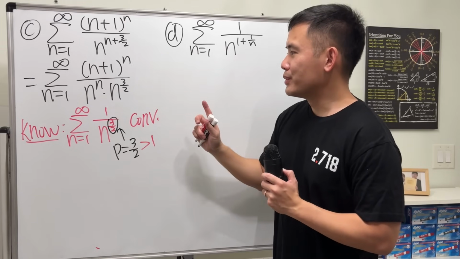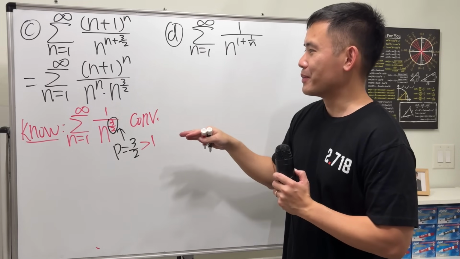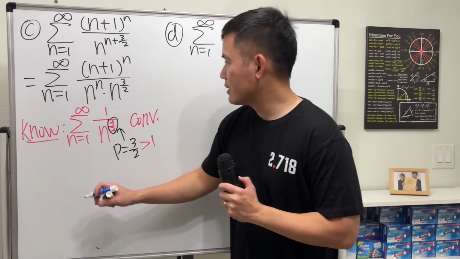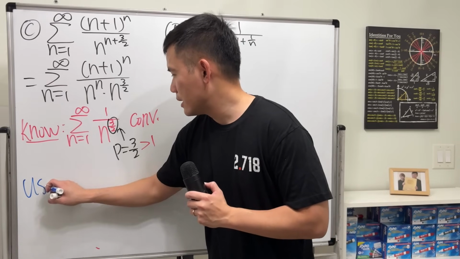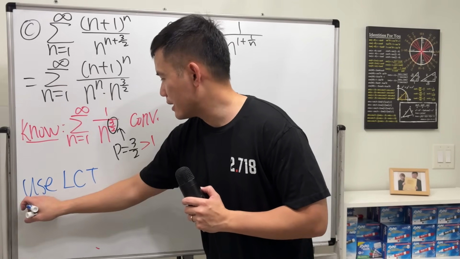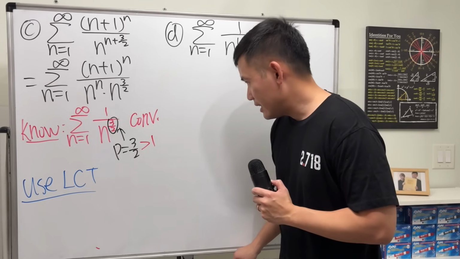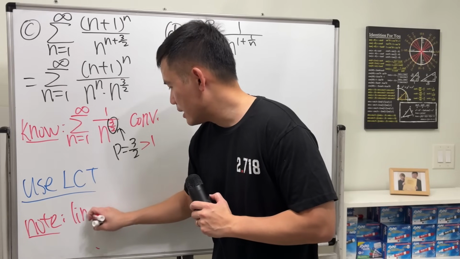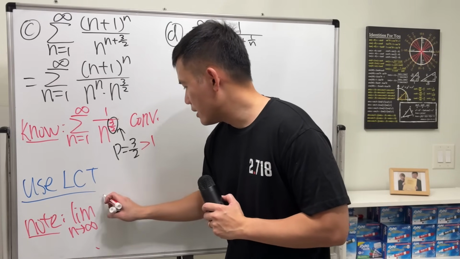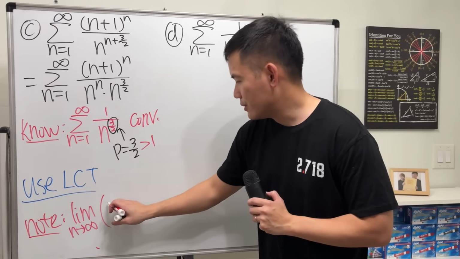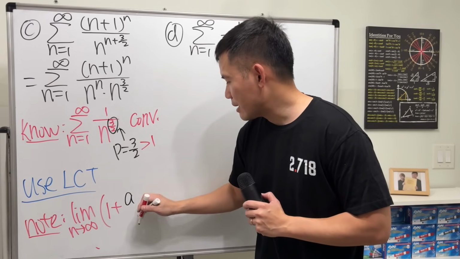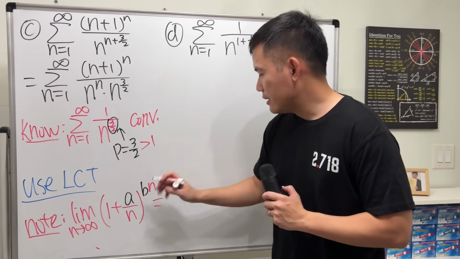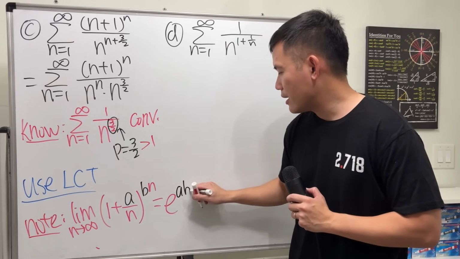Here, don't do the inequalities comparison, meaning don't do the direct comparison test. Instead, use the limit comparison test. All right, that's my second hint. And lastly, you will have to know this limit: as n goes to infinity, 1 plus some number a over n, raised to the bn power, gives you e to the ab power.